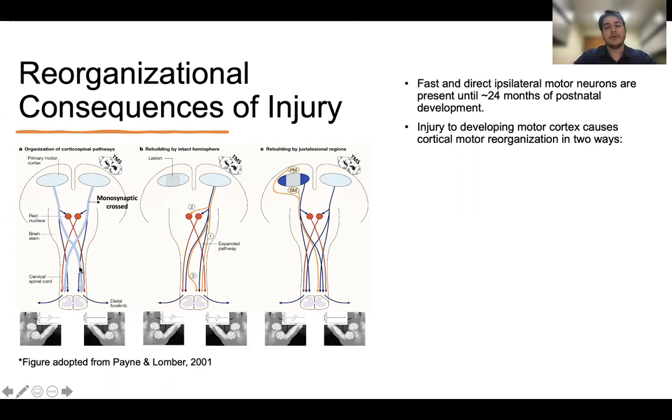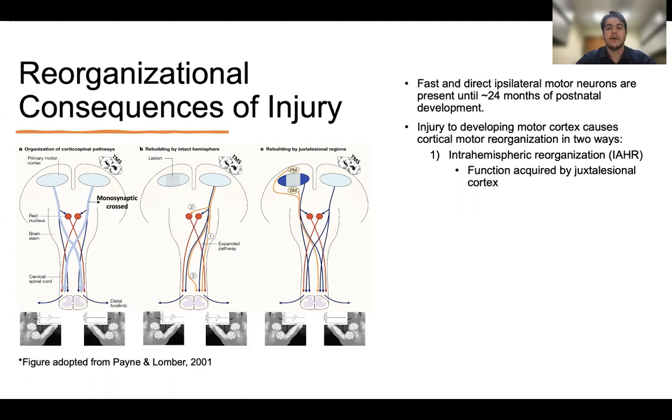Now, injury to the developing motor cortex can cause corticomotor reorganization in a couple ways. The first being intrahemispheric reorganization, where there's a lesion and then function is acquired by juxtalesional cortices. Pictured here is the premotor and supplementary motor. And these areas develop descending axons, which then innervate contralateral peripheral muscle.